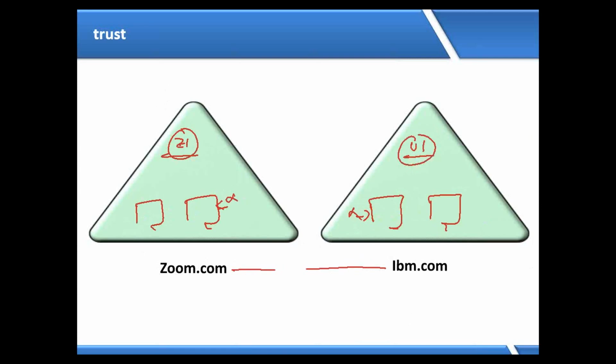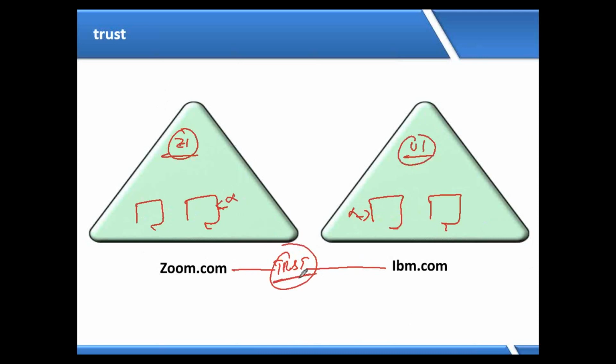They're partners working on a project together. At that time, Zoom employees should work for IBM and IBM employees should work for Zoom. Now in this scenario, these two companies need a trust. How to configure this trust? That is what I am going to show you practically.